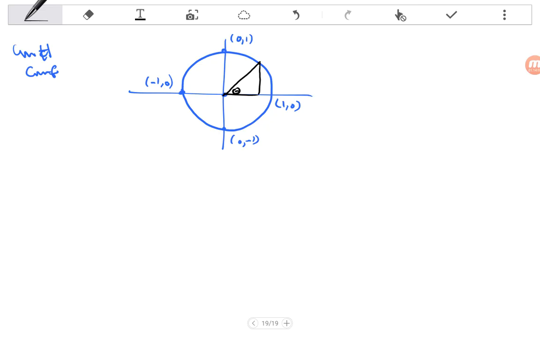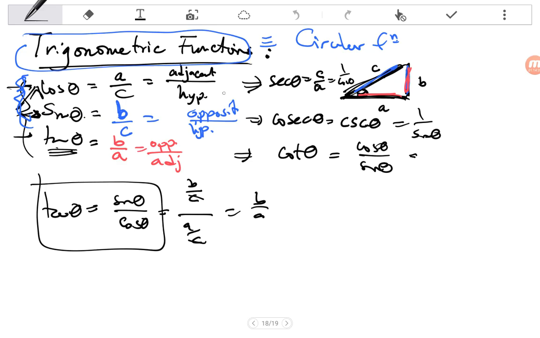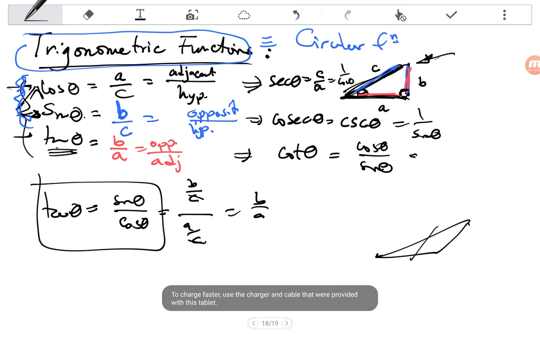In this case, we will have an angle theta and a right triangle like this. Just to note that all these definitions are based on a right triangle, not any triangle.